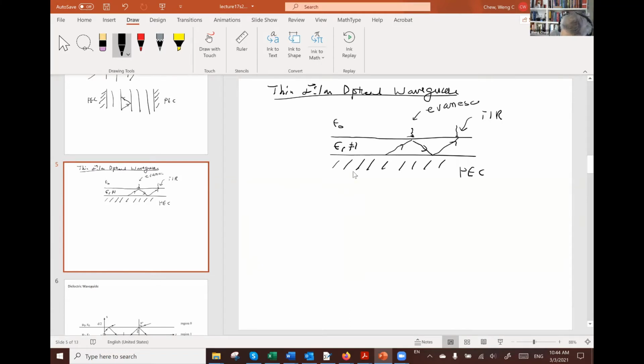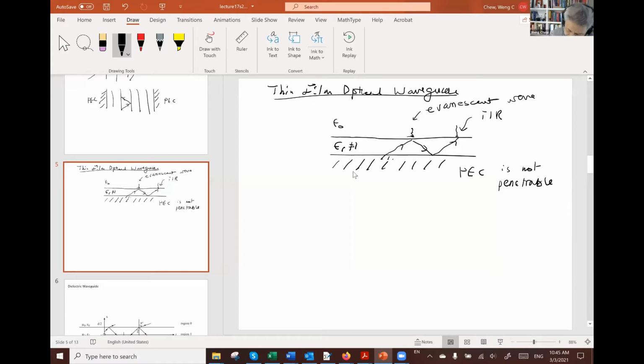But here is the PEC surface. It bounces around with a reflection coefficient of 1 because PEC is not penetrable. Okay, it's not penetrable, hence the reflection coefficient is always equal to 1.